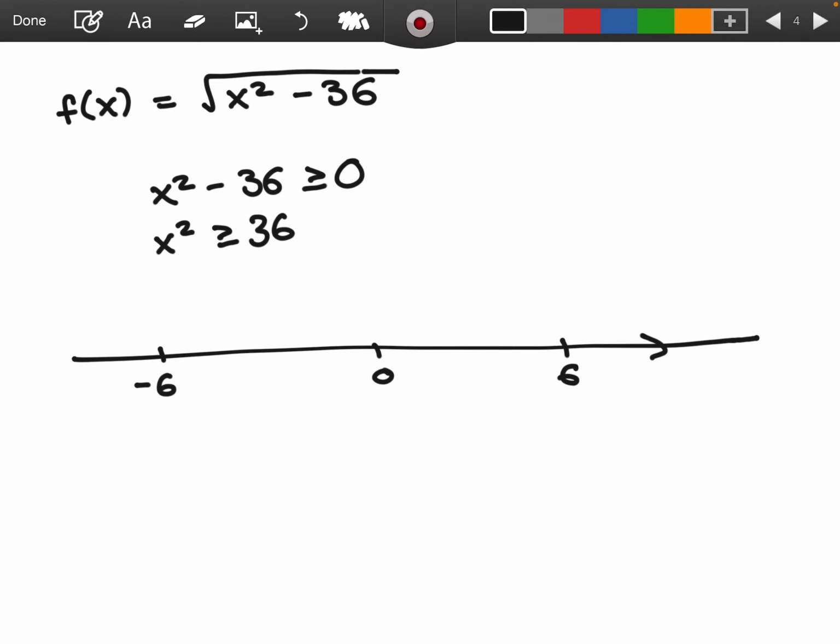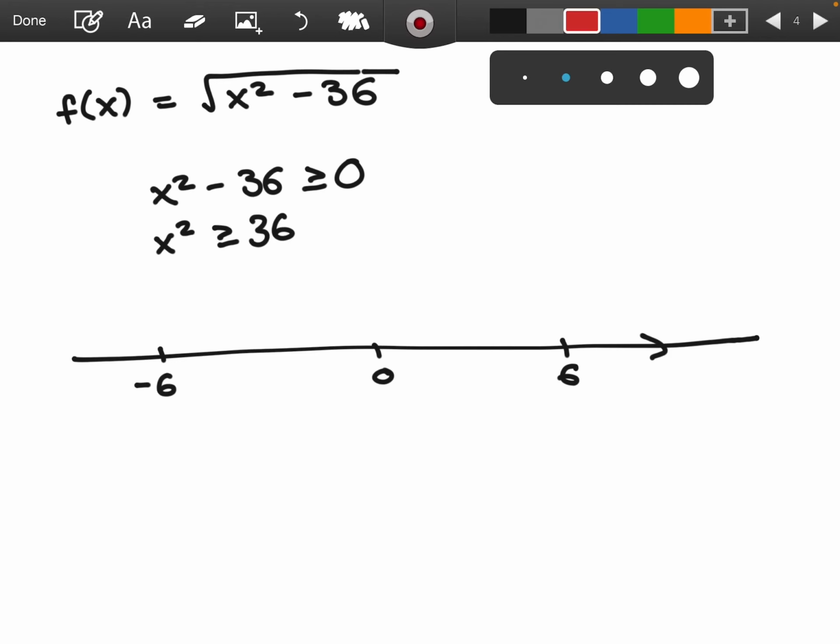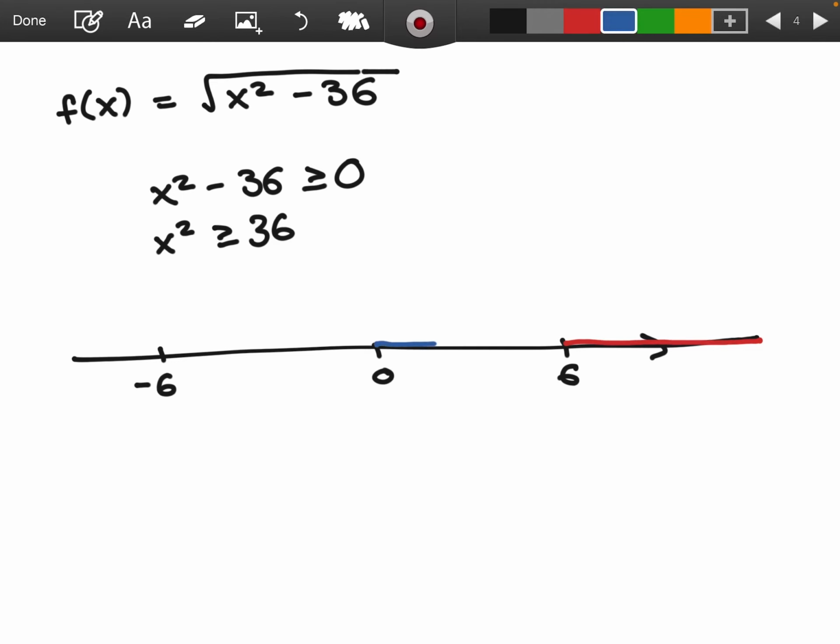Well, if x is greater than 6, then x squared is greater than or equal to 36. If I took x is equal to 8, x squared is 64. So I know that everywhere over here, x squared is greater than or equal to 36.